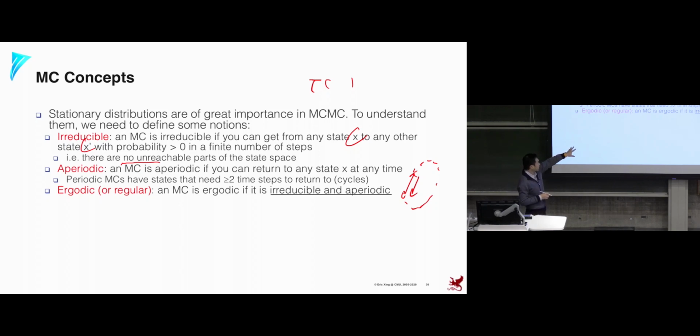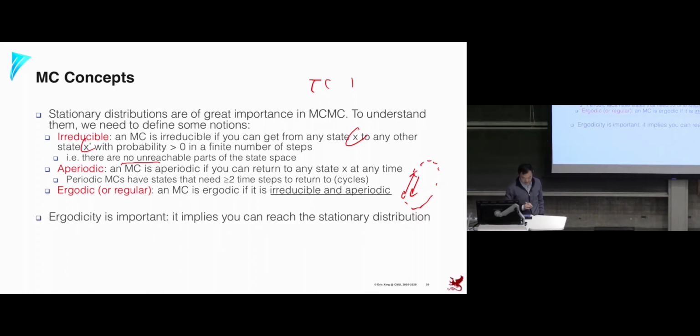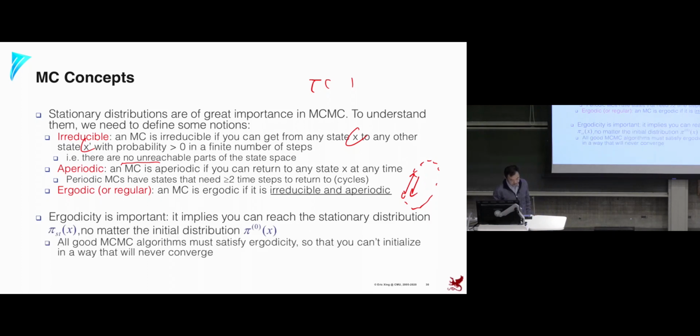And then ergodicity. A Markov chain is ergodic if it is irreducible and also aperiodic. So these two properties combined are known as ergodic. And ergodicity is very important because it tells you that you can reach the stationary distribution no matter what initial distribution you have.